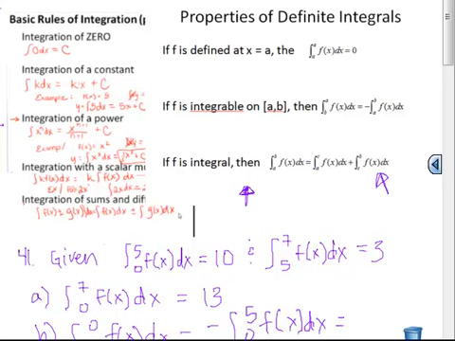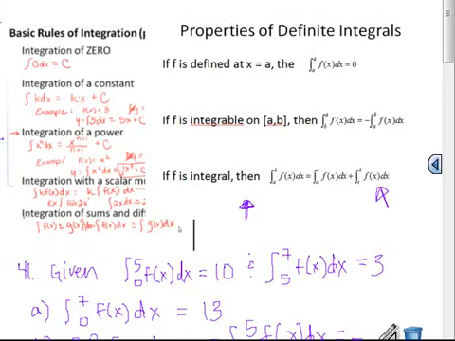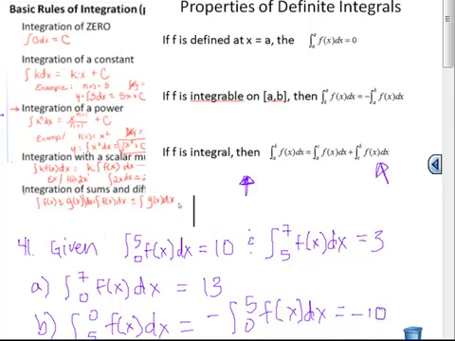We do know what that integral is, so we can write this as negative, and this definite integral was evaluated as 10, so we get negative 10. That was your answer to part B. So you're really just fully using these properties and rules to do some integrations here.